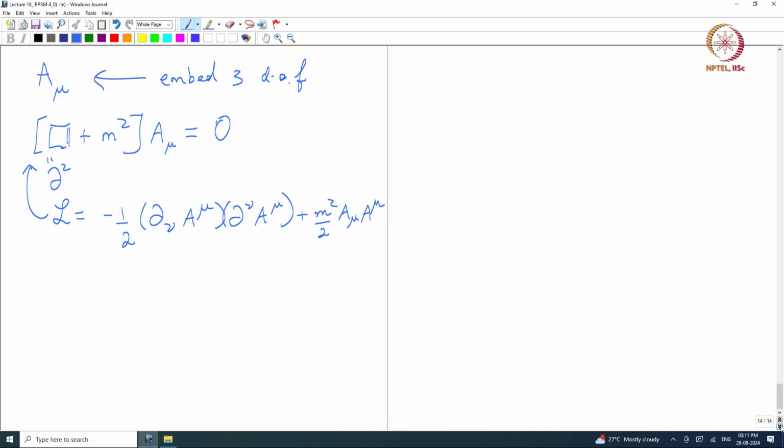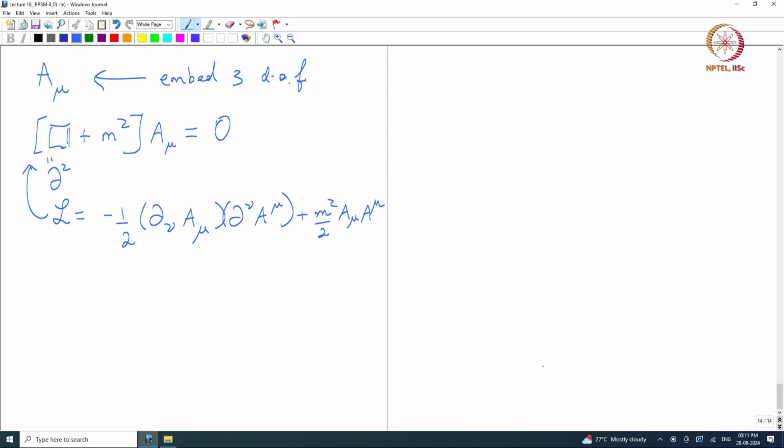Okay, is this Lorentz invariant? It is, because I am contracting covariant and contravariant indices here. I am contracting this covariant index with that contravariant index, and of course I made a little mistake here. This mu has to be a covariant index which I am contracting with a contravariant index.